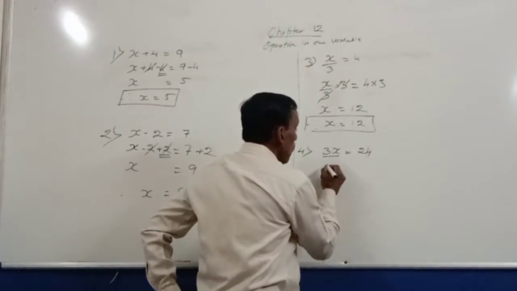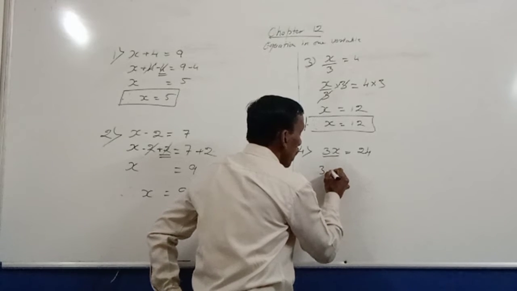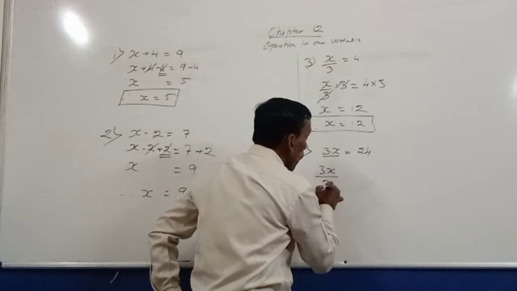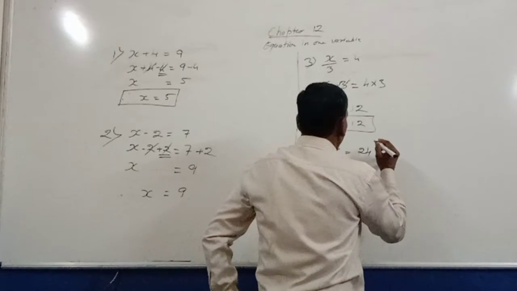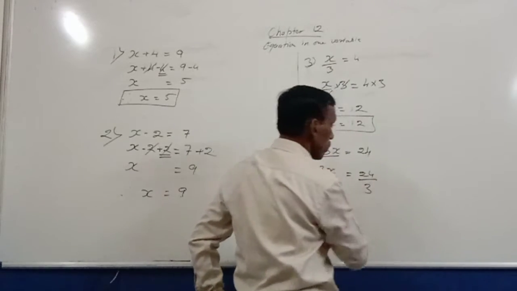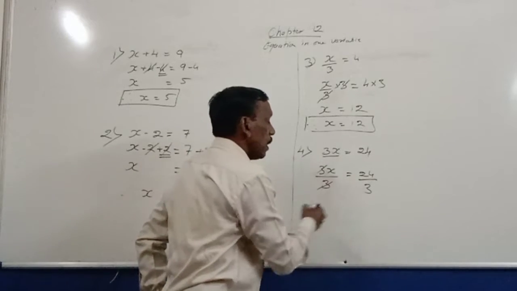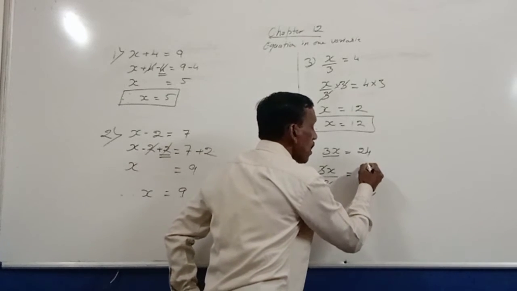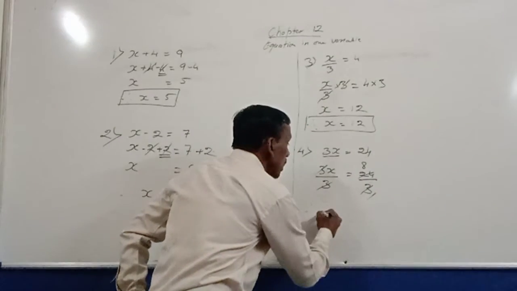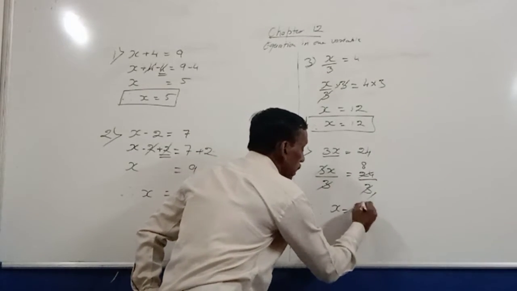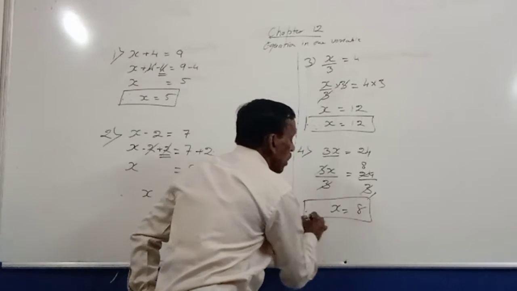Now if there is multiplication, what do we have to do here? We have to divide by the same number. So 24 divided by 3. Now 3 cuts here. 3 eights are 24. Therefore, what is remaining here? X is equal to 8.